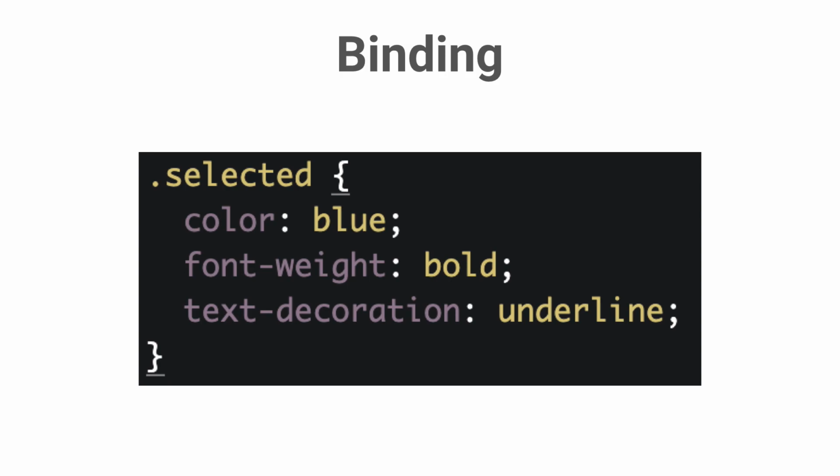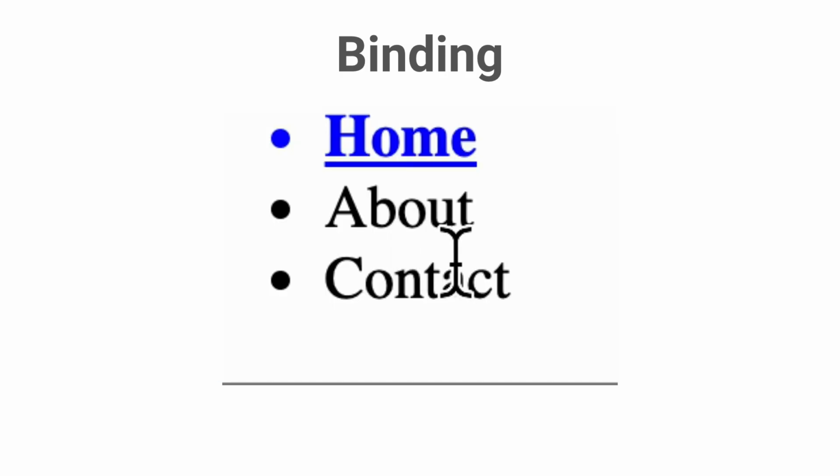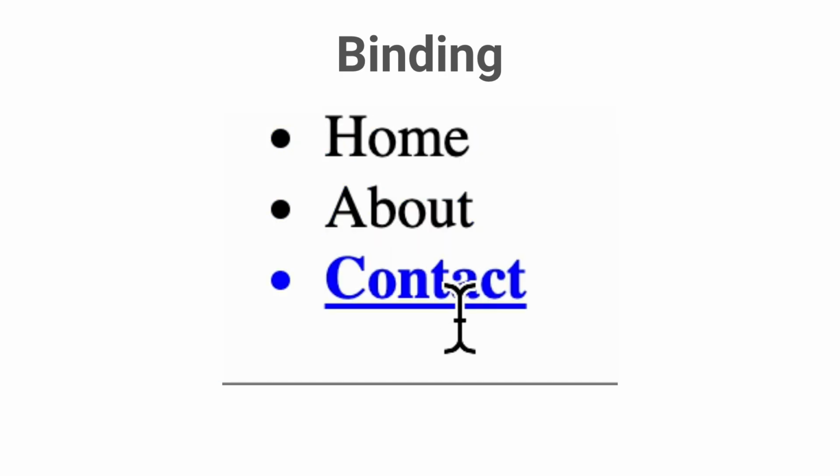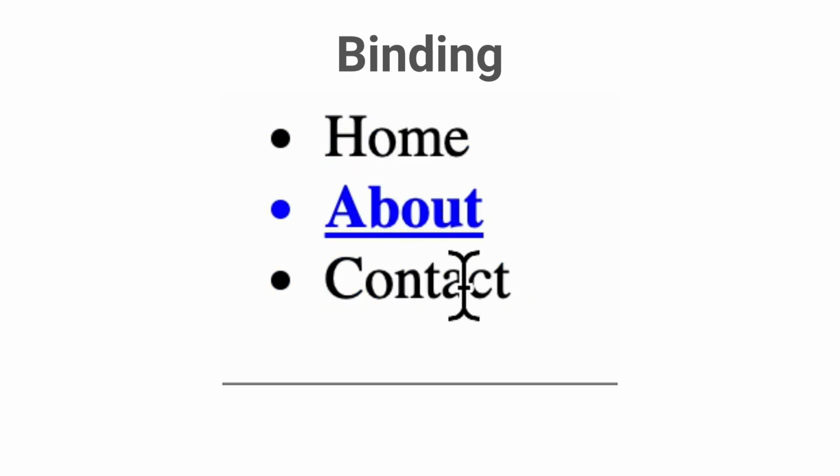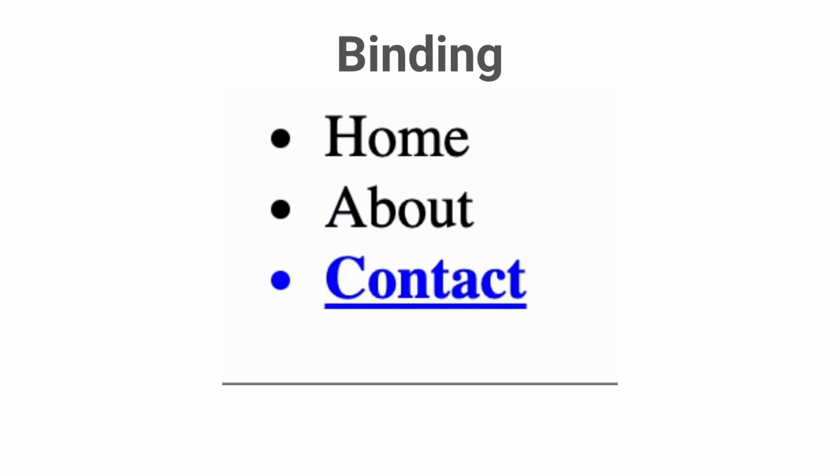In the styles section, we add our selected class. We set the font color to blue, the font weight to bold, and add an underline. Let's see this in action. As I click items in the menu, the styles change to reflect the item that was clicked.